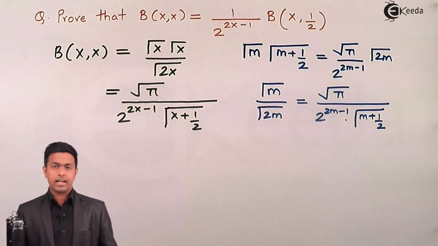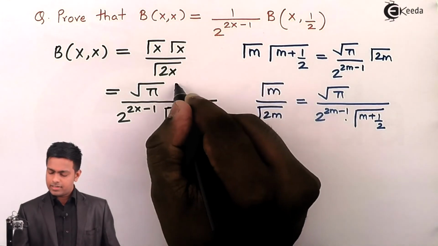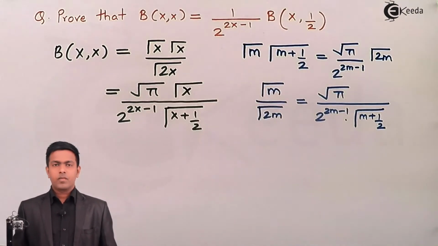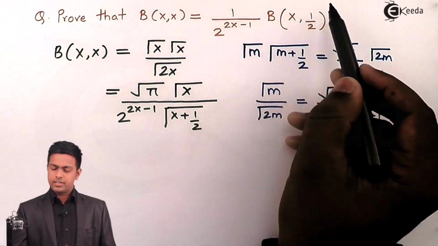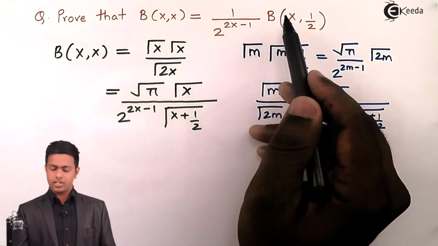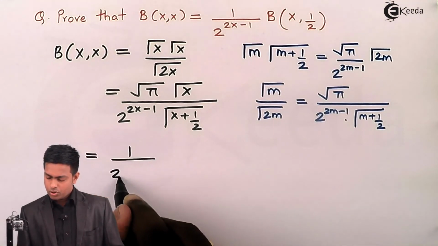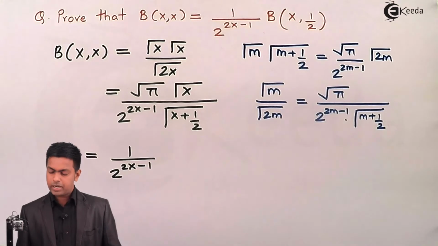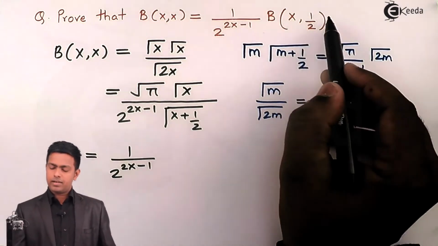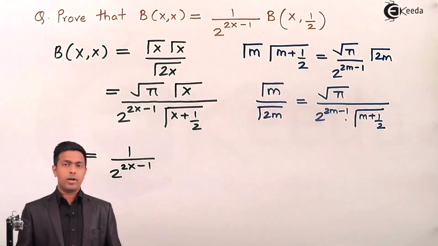Guys, you can see that I'm replacing m by x and the other term, that is gamma x, as it is. Now to prove this result, see here we have 1 upon 2 raised to 2x minus 1, which we already got. So let's separate it. Now we have to prove that this into, we should have beta x comma 1 by 2.